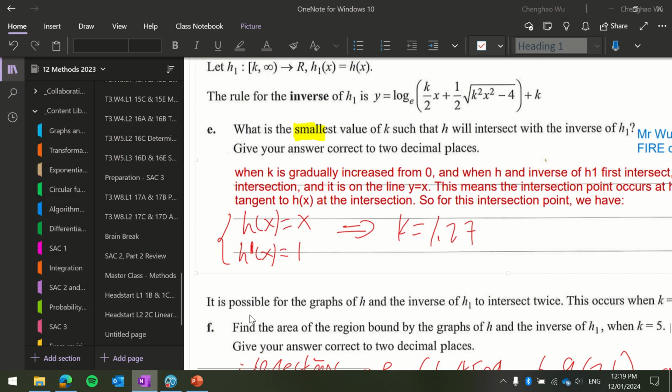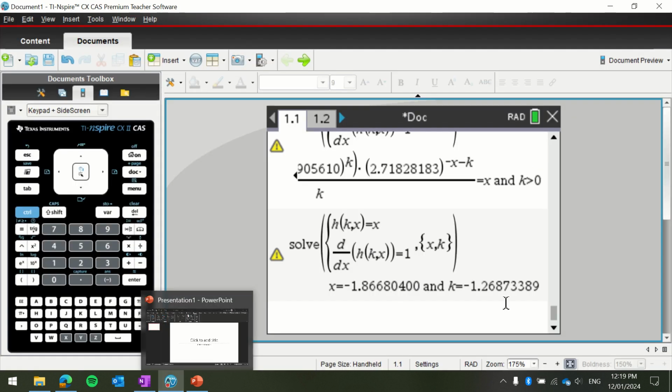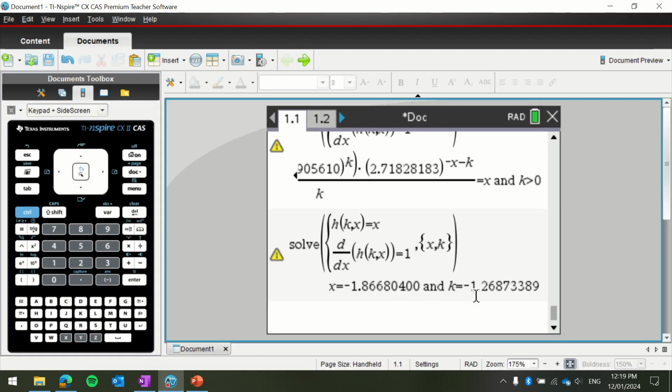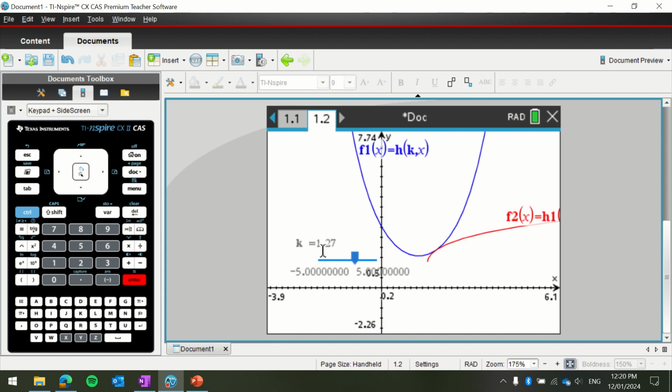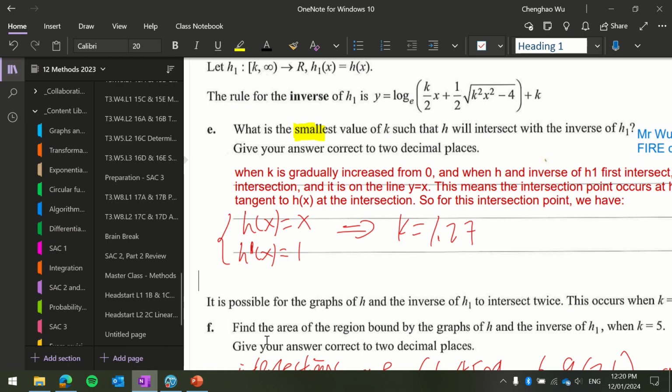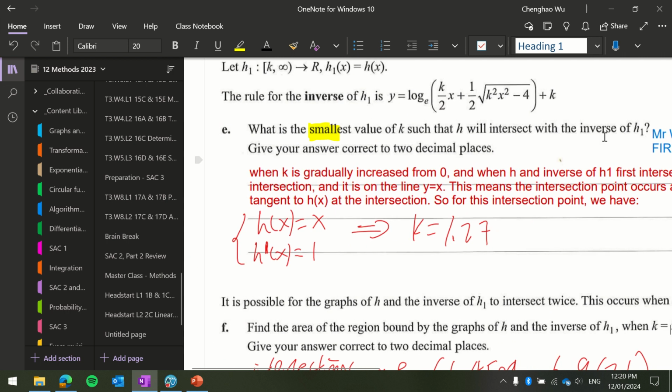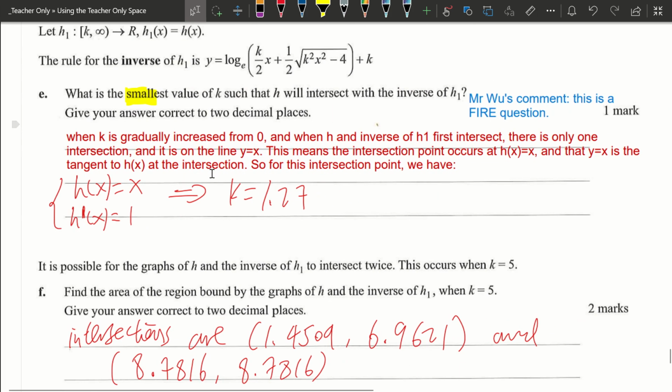But with that, I can conclude that k is 1.27. So even though the calculator gives you a negative answer, you can pretty quickly realize that if you change it to positive, you get your answer. 1.27. And it's a 1 mark question, so the answer should give you the 1 mark.